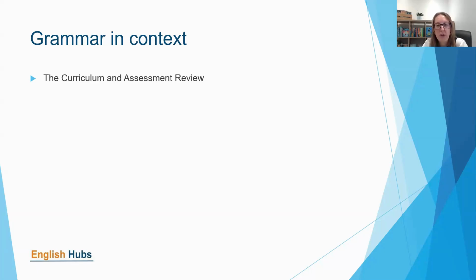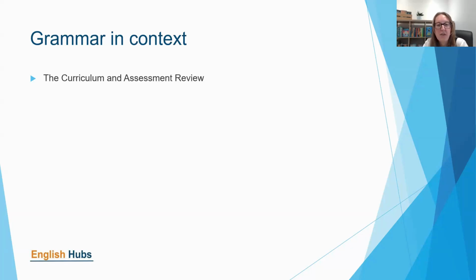Therefore, the DFE will review the grammar content in the primary curriculum and consider whether the sequencing of some of the content should be changed, including whether some of the more complex grammatical concepts should be moved up into Key Stage 3. This will mean that more time can be spent ensuring that grammar concepts at primary level are taught in a way that enables pupils to master them and use them in context.